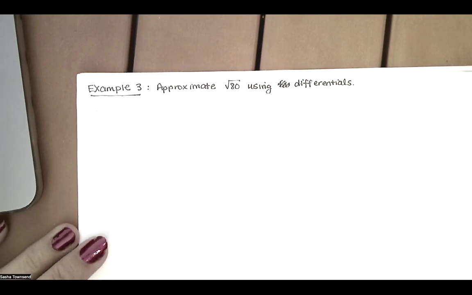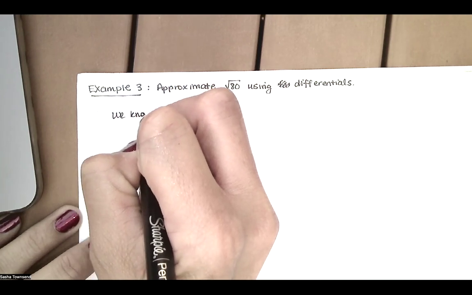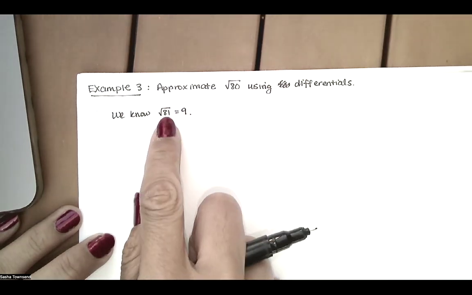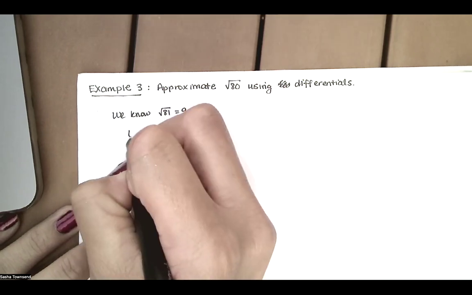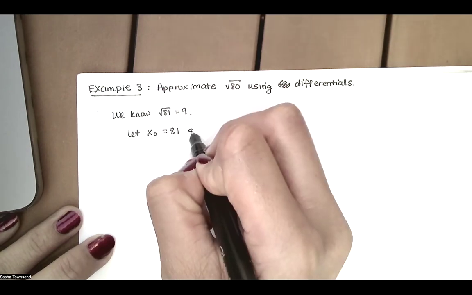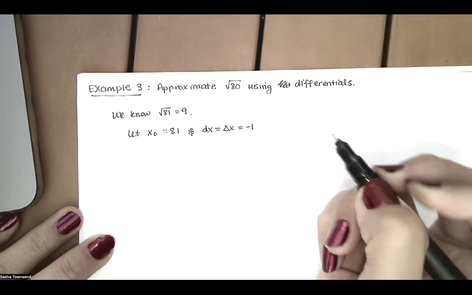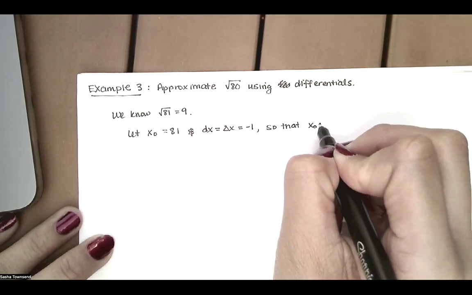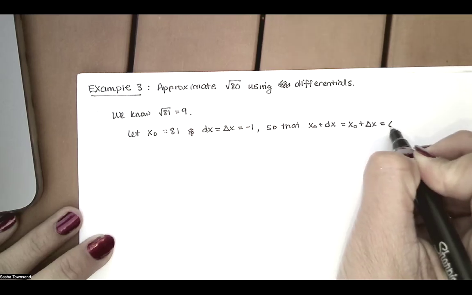The square root of 81 is 9. So we could use x naught equals 81 as our base point. And then we'll let dx, delta x, be equal to -1, so that x naught plus dx is equal to 80.